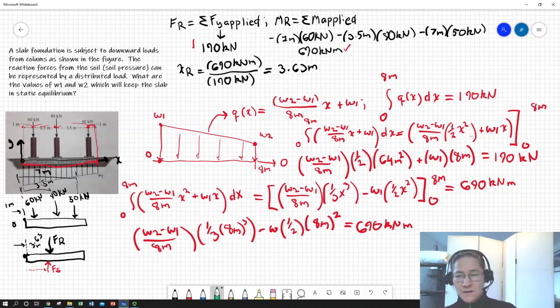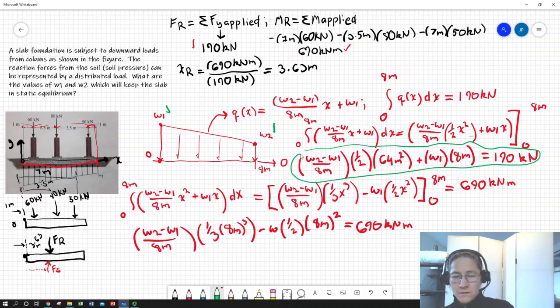And we now have two unknowns, W2 and W1, and we have 2 equations that we can use to solve them.